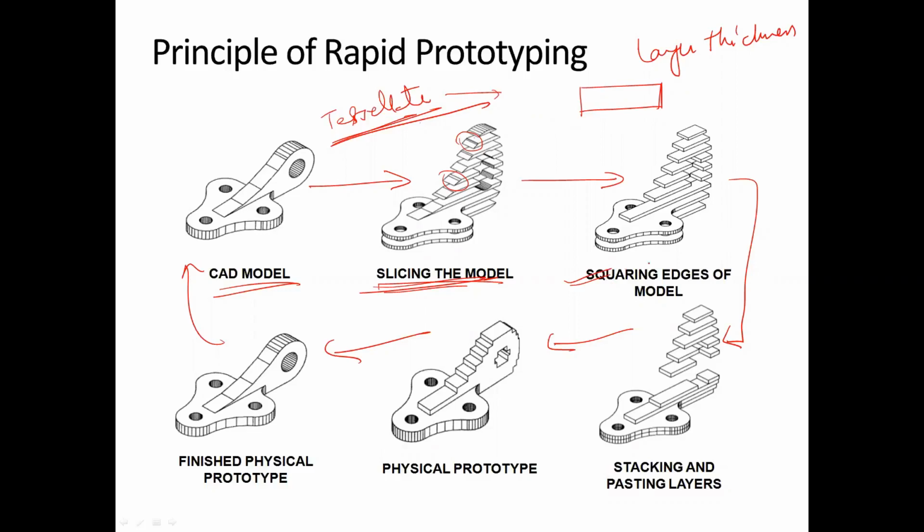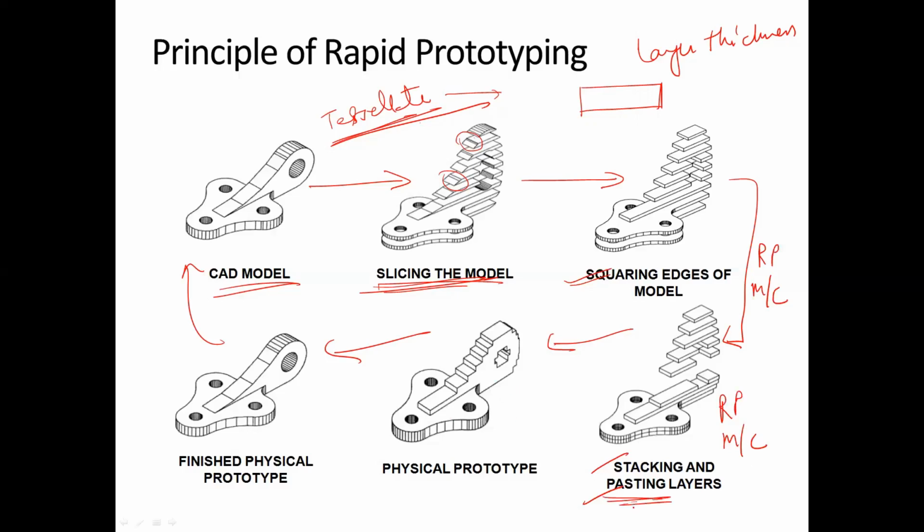Now, once the edges have been squared, this will be sent to the RP machine for fabrication. And what will happen is the stacking and pasting of layers will happen inside the RP machine. How is this pasting taking place?